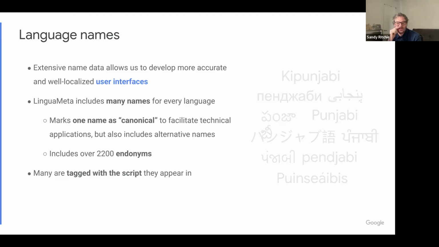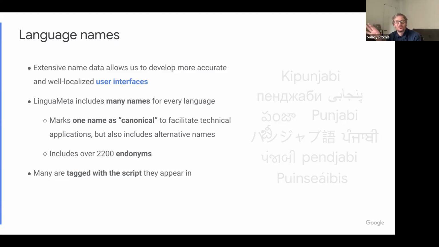There are many and various names for Punjabi, and I'm not sure we've got the endonym. The endonym would be the Perso-Arabic script one there, and also the Gurmukhi one on the next line. One thing we did is try to find out the name for every language in every other language.